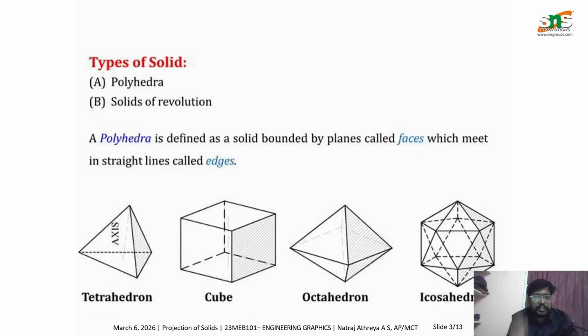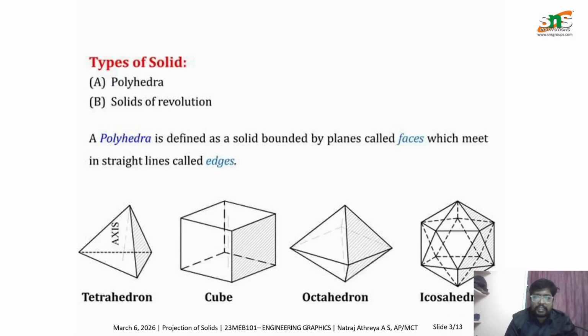Polyhedra are solid objects that are bounded by planes or faces. Remember that for a cube we have the faces, right? We have one, two, three, four faces around, and up and down, so we have six faces, right? These types of solids have faces which meet at the edges, and these sorts of objects are called polyhedra.